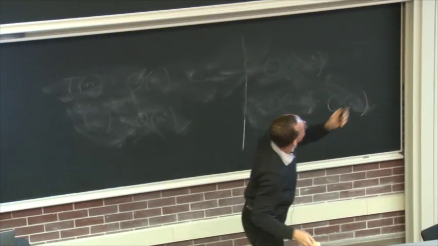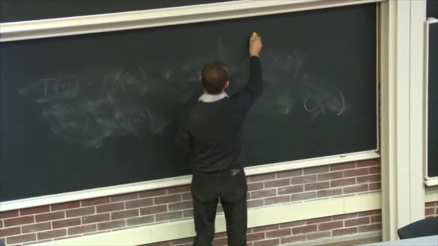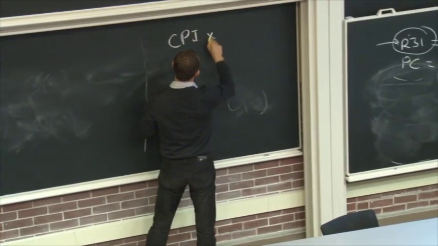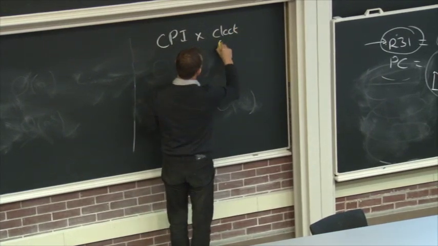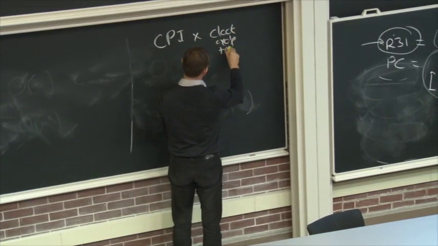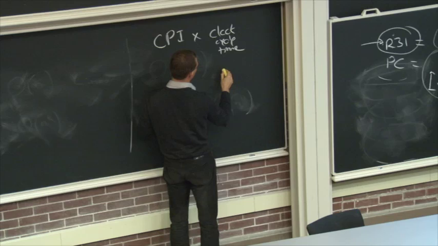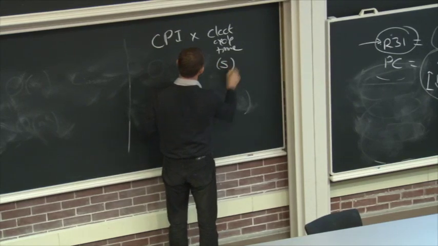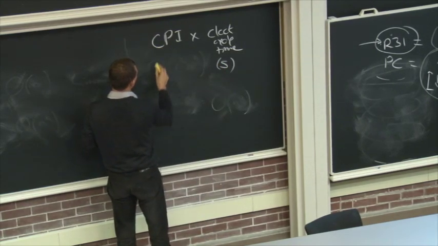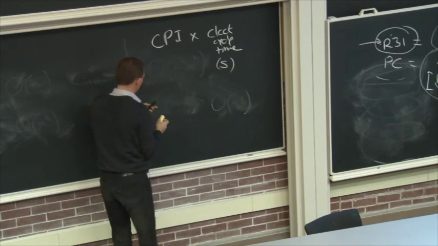So that's the execution time of an instruction, right? Cycles per instruction times clock cycle time. Clock cycle time, you can think of this in terms of seconds, right? And this is how many cycles it takes to execute an instruction.